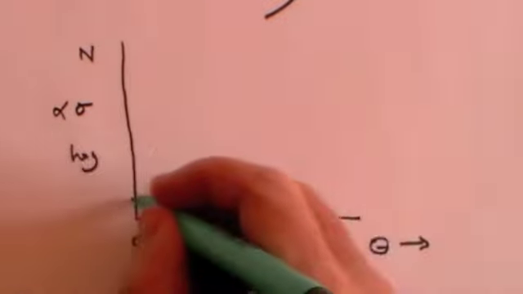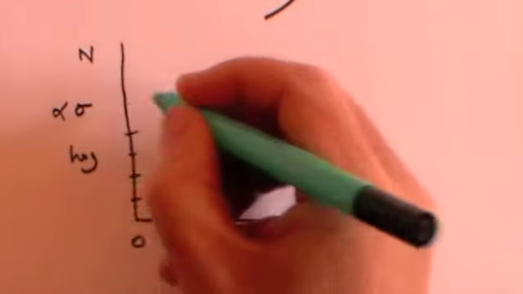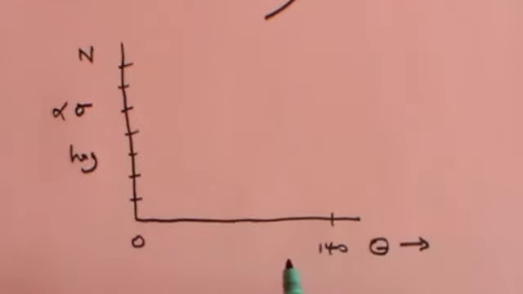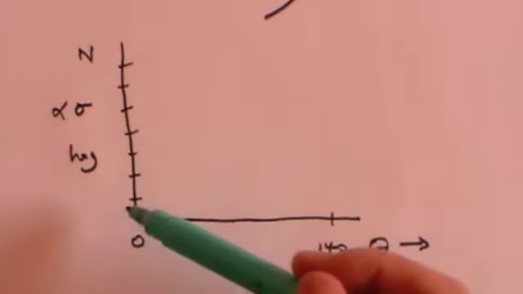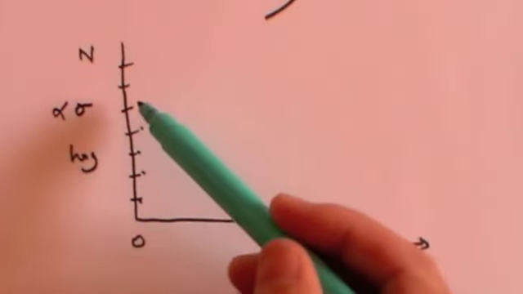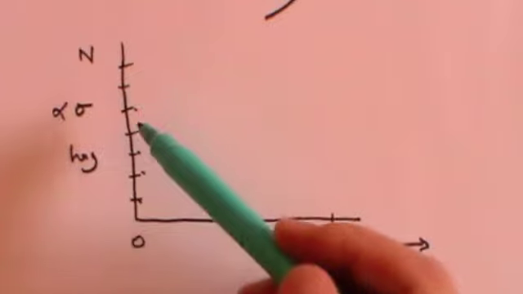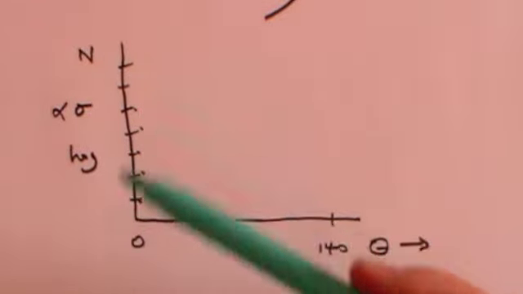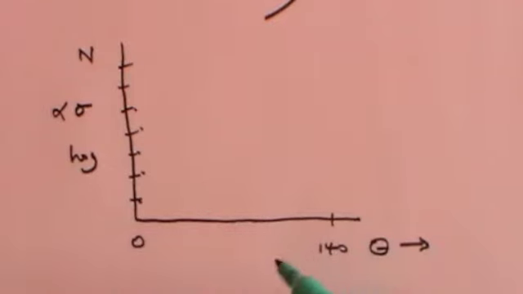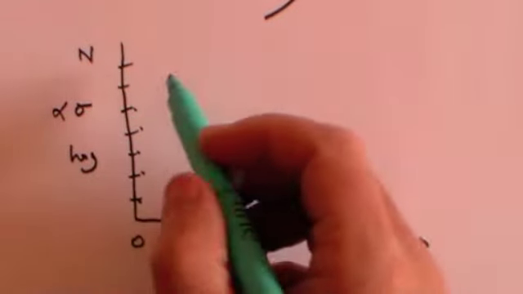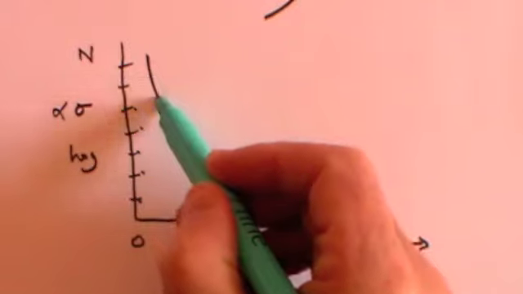A log scale is one where instead of going 1, 2, 3, 4, 5, 6, 7, you actually go up by tenfold in every step. So if this is 10, this will be 100, this will be 1,000, this will be 10,000, 100,000, and so on. So in other words, this condenses the scale, otherwise you need a piece of paper that's a mile long. And what they found was that the number of alpha particles according to the angle fell like this.